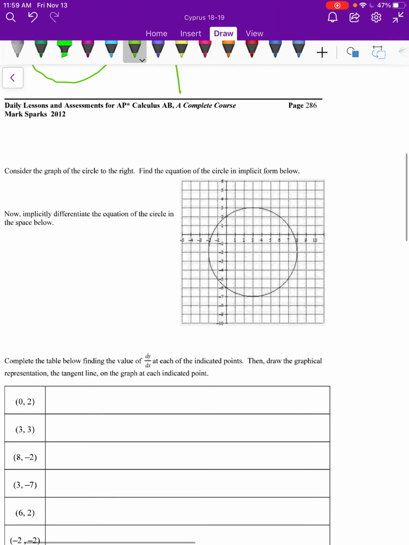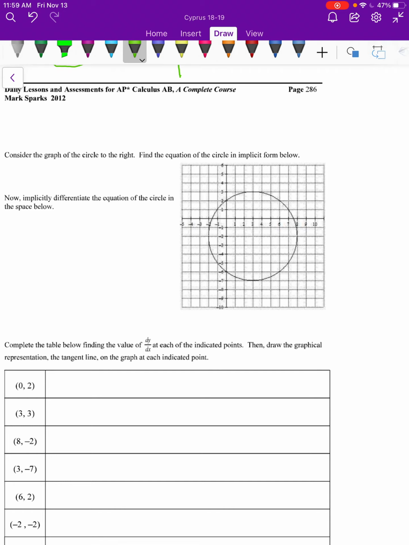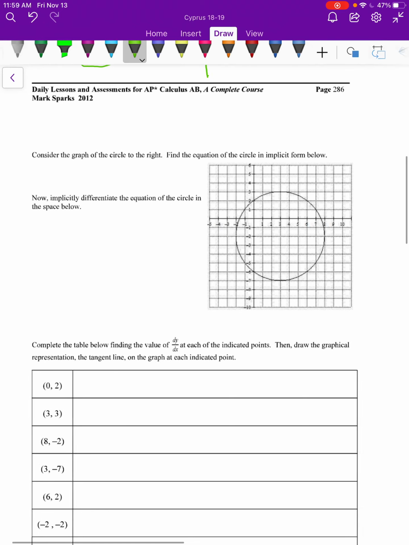Let's look at another example. Okay. So let's look at this graph of the circle here. We want to write the equation of the circle in implicit form. So remember, implicit means that it has x and y on the same side.